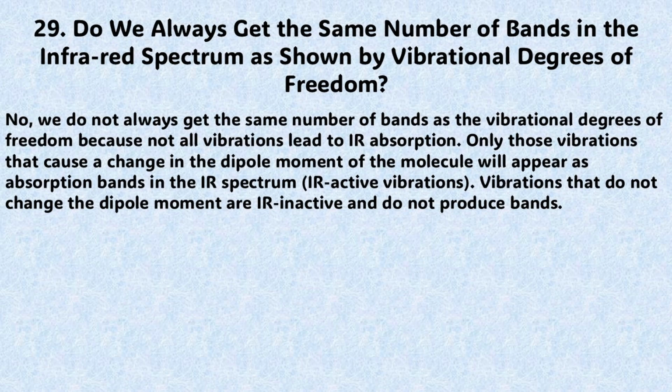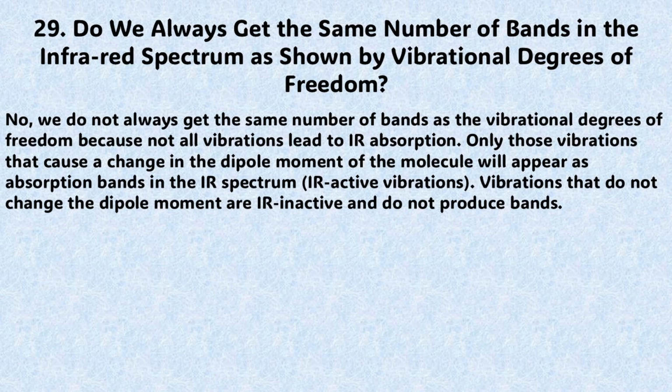Now we will move to question number 29. Do we always get the same number of bands in the infrared spectrum as shown by vibrational degrees of freedom? The answer to this question is very simple. No, we do not always get the same number of bands as the vibrational degrees of freedom because not all vibrations lead to infrared absorption.